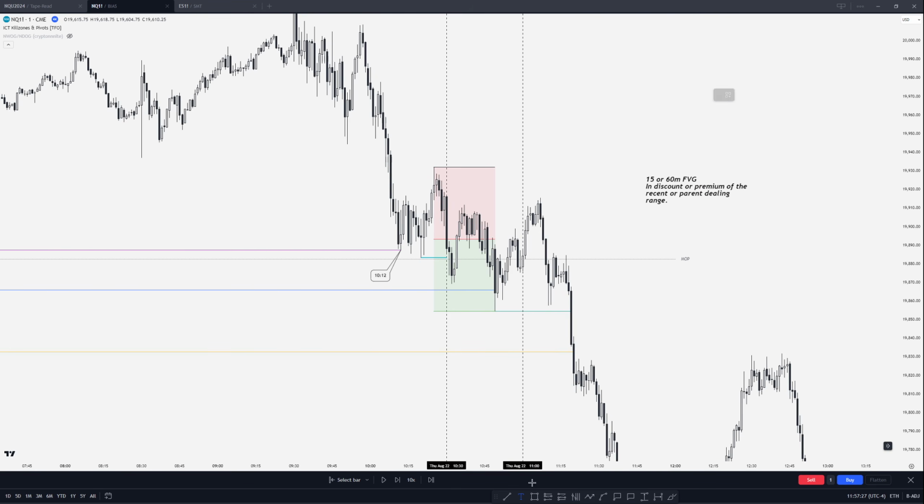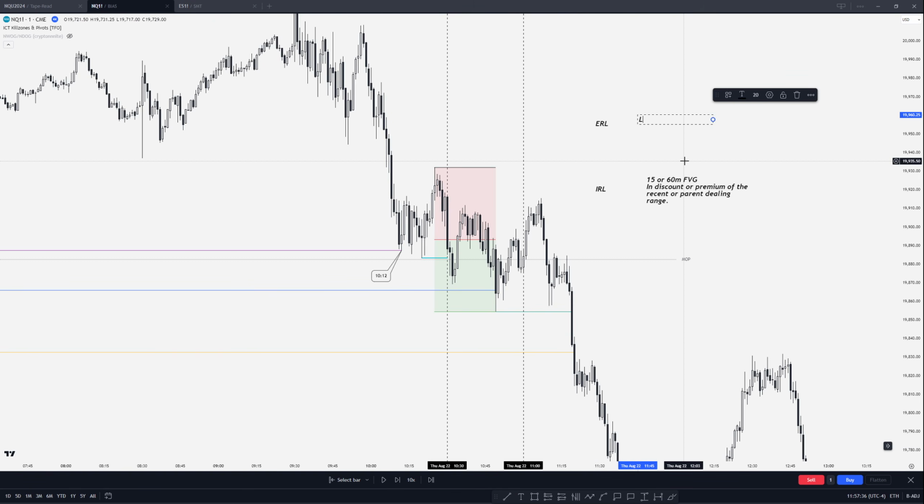And then your external range, this is ERL, is going to be like I said before: London, PM, previous day X, previous week X, AM from previous day. Typically these are really the only ones you're looking for most times, and obviously any weekly, obvious relative equal highs or relative equal lows on 15 or 60 minute.